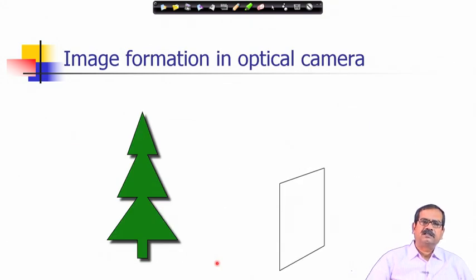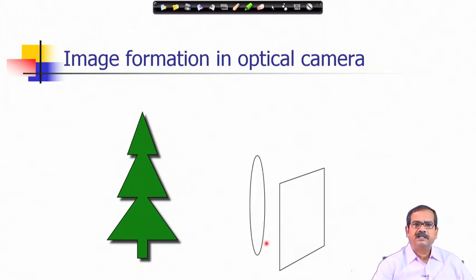So, let us consider how an image is formed in an optical camera. In a camera, as represented here, the lens plays a very critical role, and there is a plane where the image points are projected, where the points of the three-dimensional scene are projected onto a two-dimensional plane, which is usually the focal plane of this particular lens.